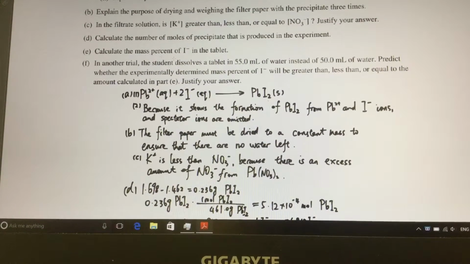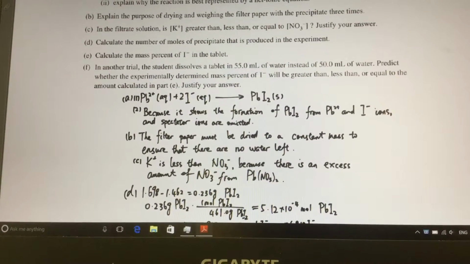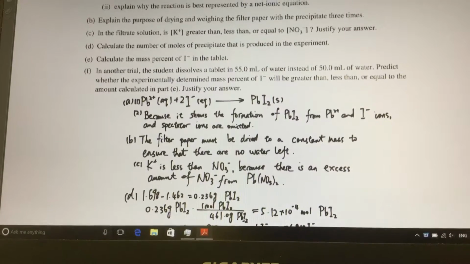And E is calculate the mass percent of iodine ions in the tablet.